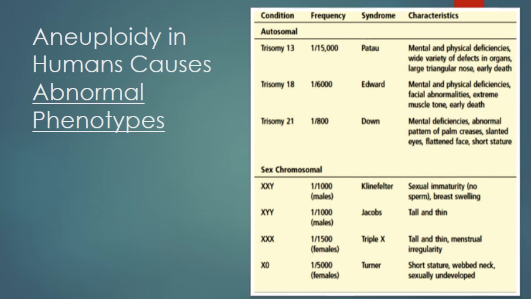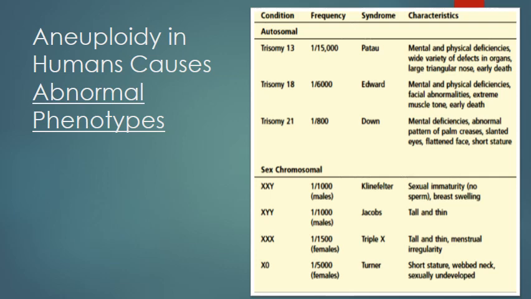In most cases, these abnormal embryos do not develop properly and result in a spontaneous abortion very early in the pregnancy. Approximately 50% of all spontaneous abortions are due to alteration in chromosome number. In some cases, the abnormality in chromosome number produces an offspring that survives to birth or longer.